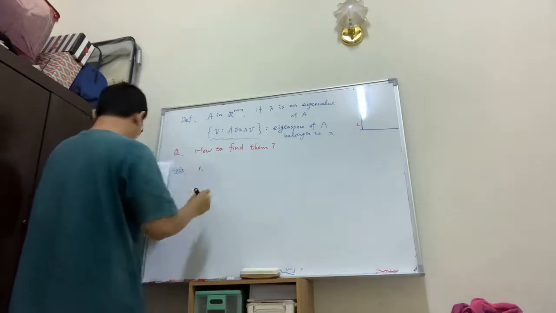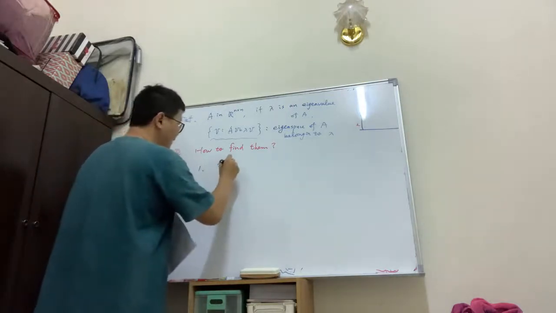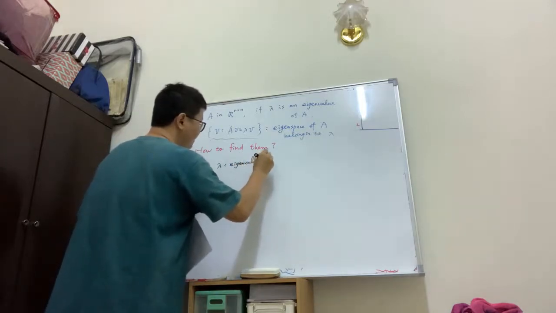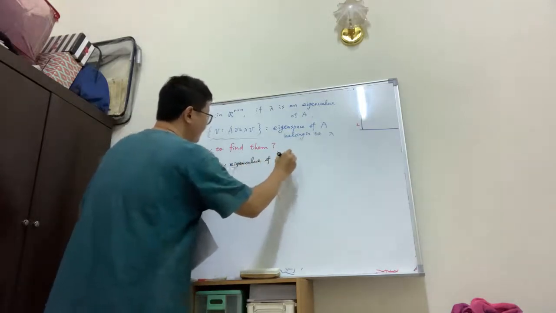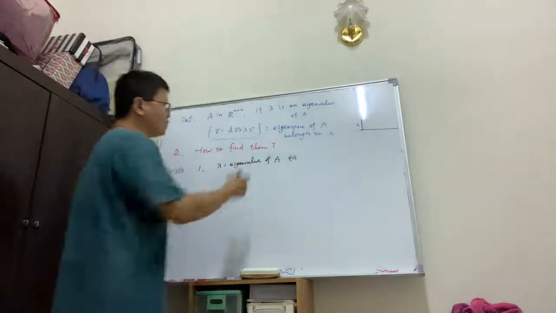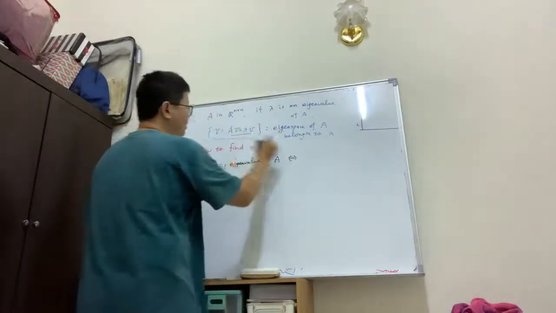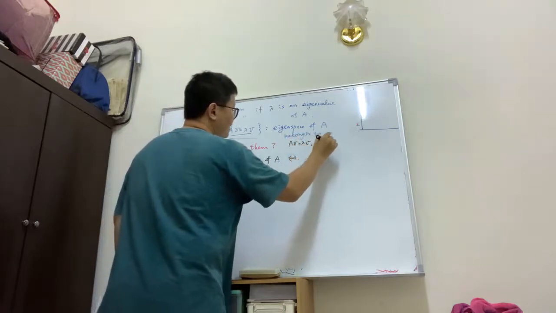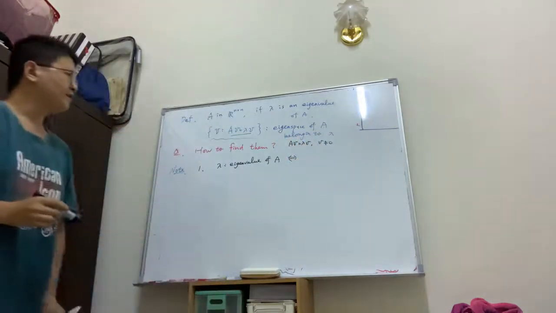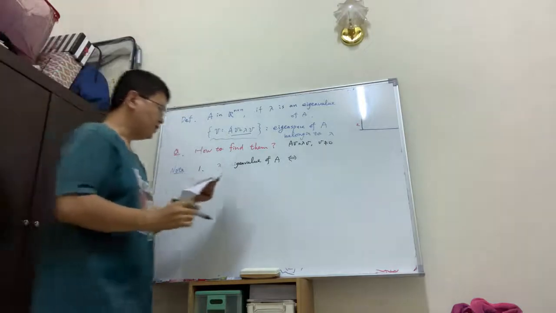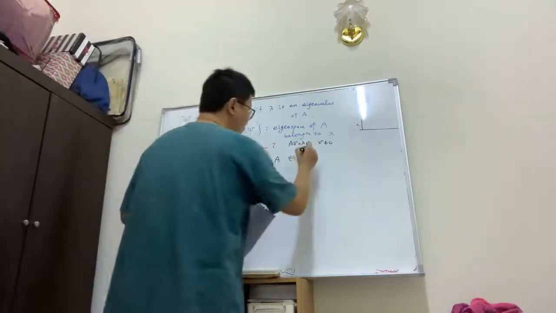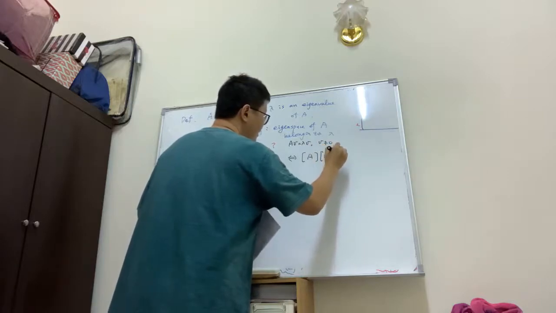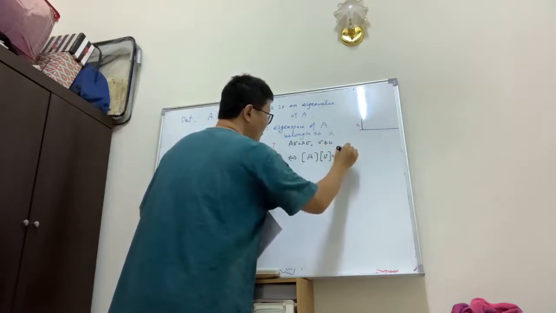Okay, so the first one: if lambda is an eigenvalue of A, what can we say? As we said, it will satisfy this equation, Av equals lambda v, and the vector v is non-zero. So we could write it this way: the matrix A times the vector v equals lambda times the vector v.